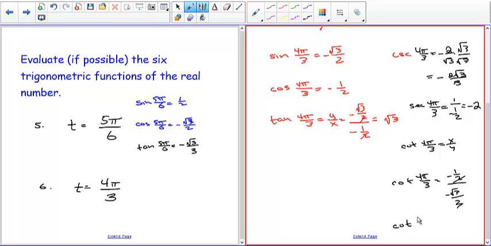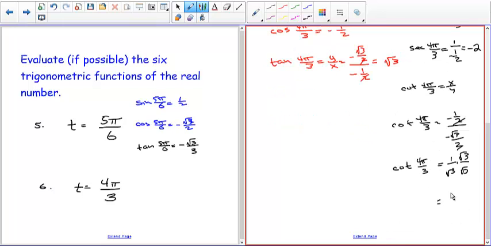We should end up with a positive result because the cotangent and the tangent always have the same sign. So we end up with positive 1 divided by the square root of 3 times the square root of 3 over the square root of 3. So you get the square root of 3 over 3 for the cotangent.